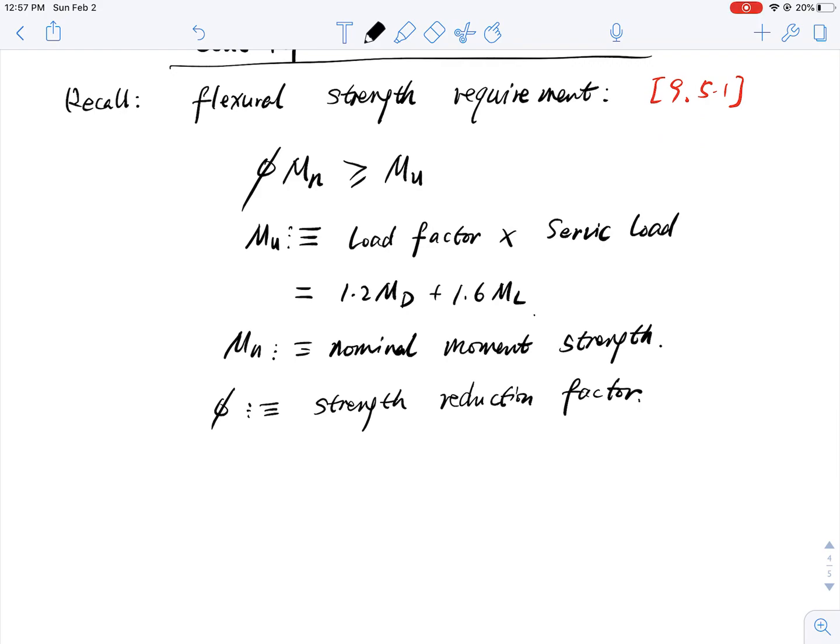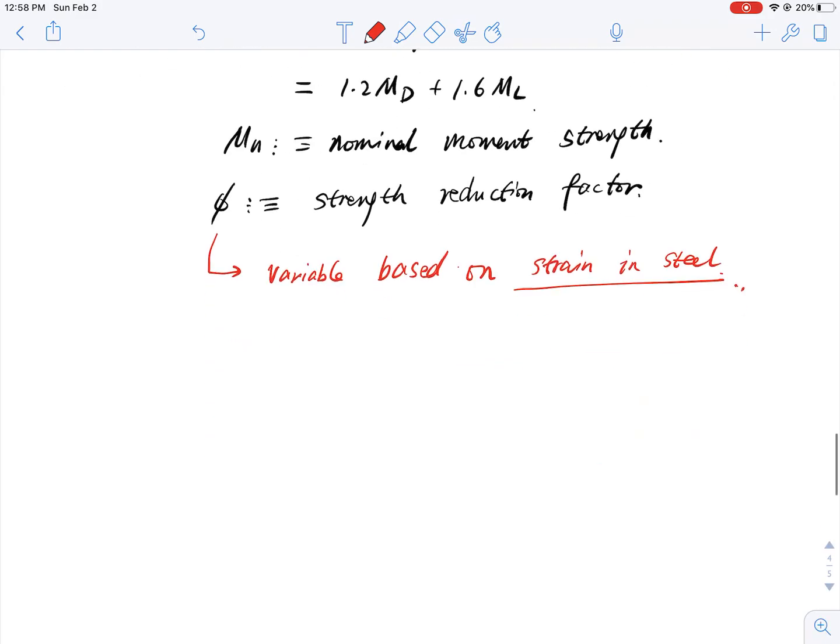But we need you to know today that phi is actually a variable based on strain in steel. How so?